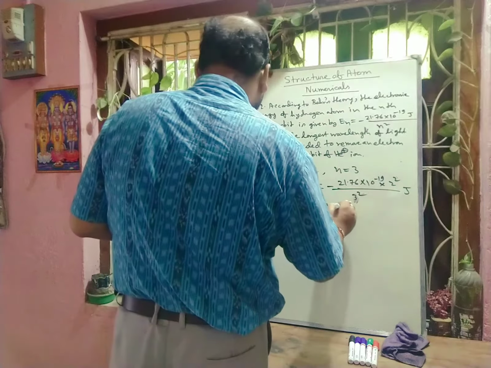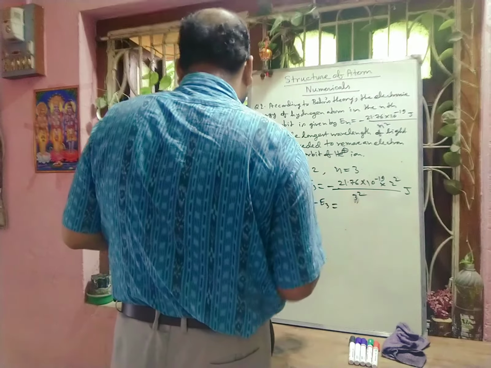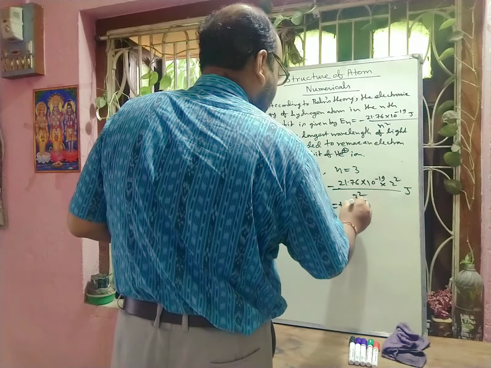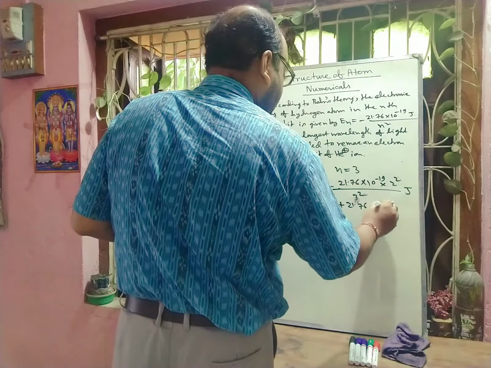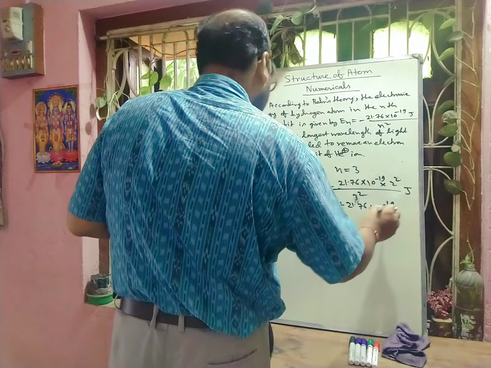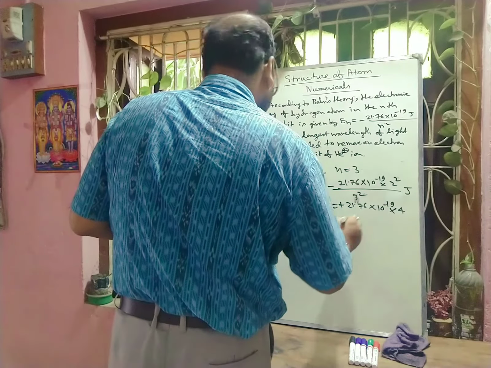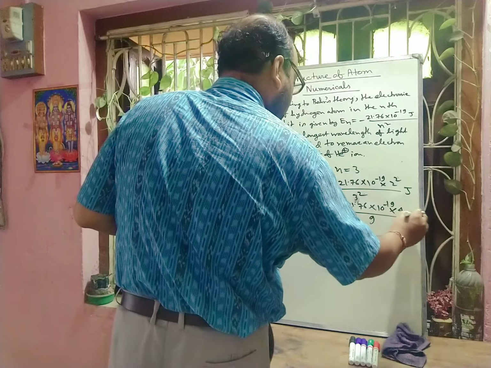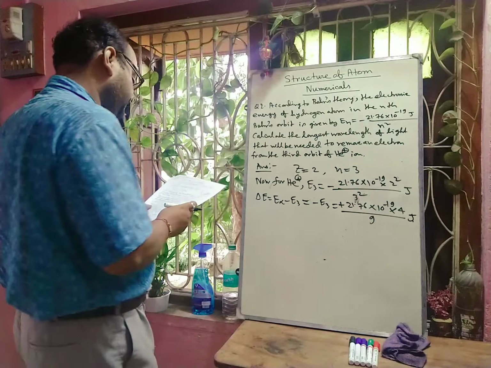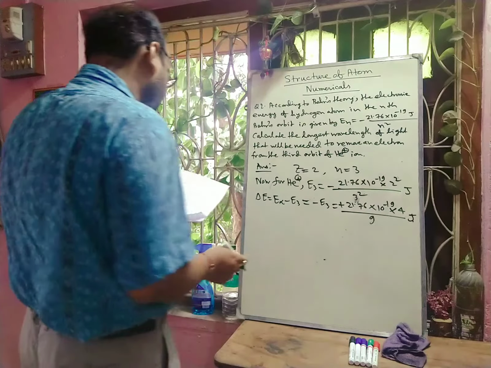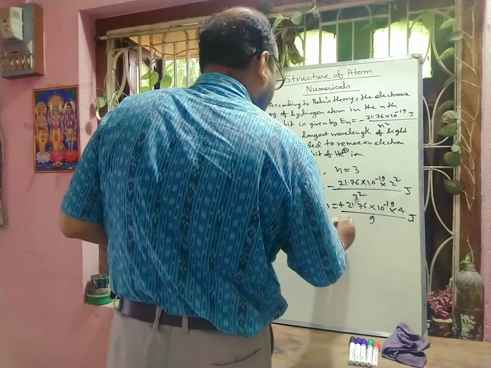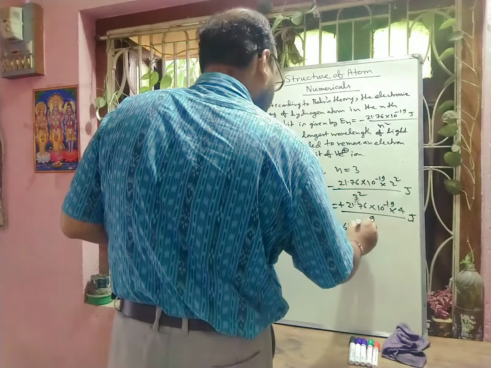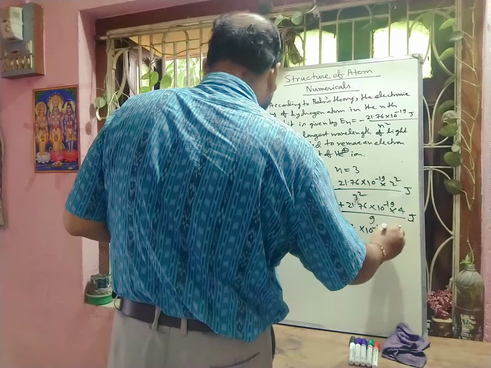That will become plus 21.76 into 10 to the power minus 19 into 4 divided by 9 joule. Now if we calculate this value, we will get 9.67 into 10 to the power minus 19 joule.